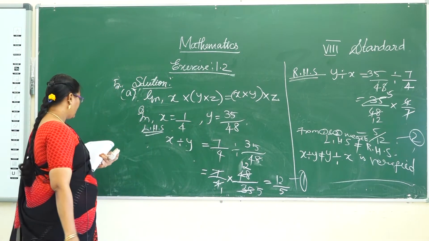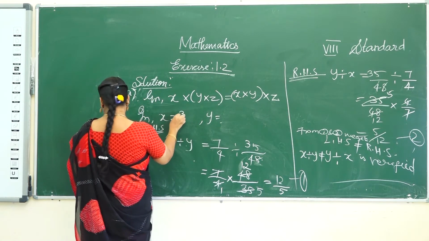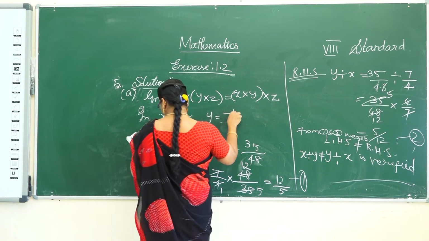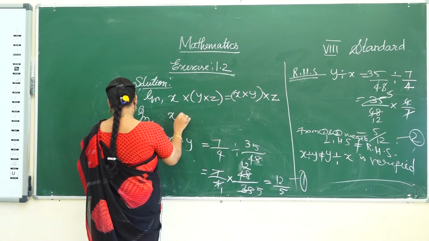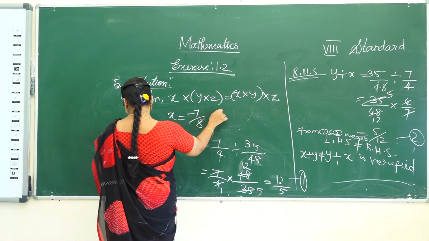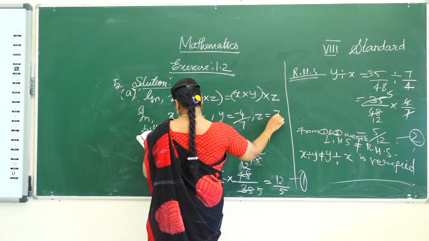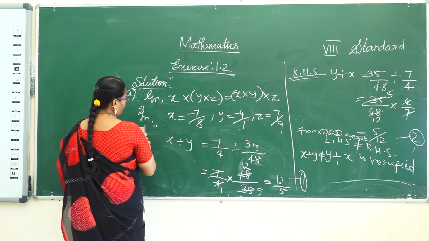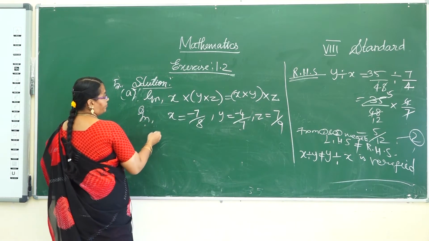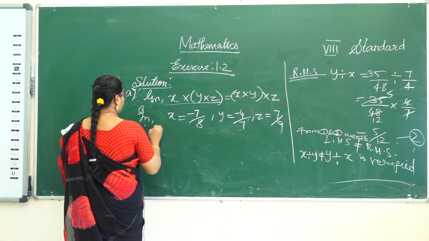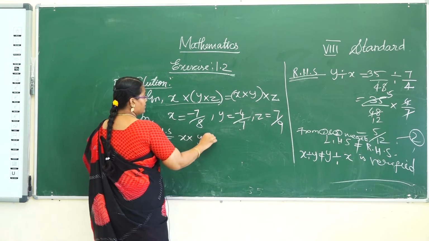Verify the property, and the given values are: x value is minus 7 by 8, y value is minus 4 by 7, z value is 7 by 9. Left hand side: x into y into z.